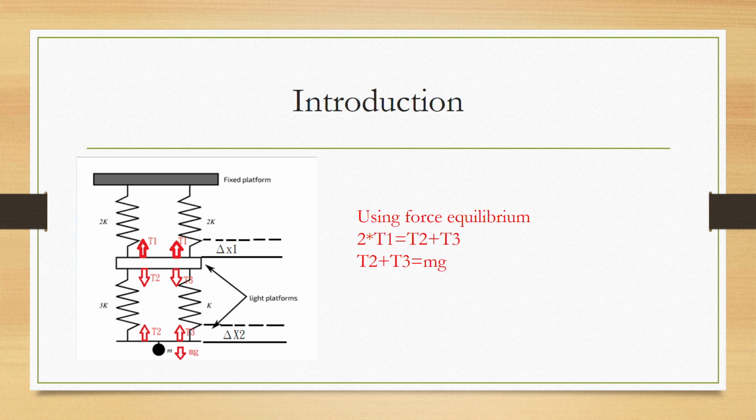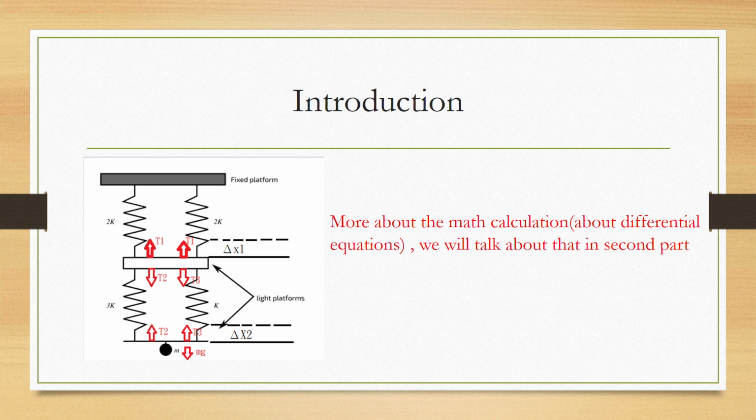Using the first equilibrium, 2T1 equals T2 plus T3, and T2 plus T3 equals ng. Solving these two equations, we can get some data to simulate the waveforms. For more of the math calculation, we only talk about Hooke's law and equilibrium in this part, and the differential equation we will talk about in the second part.